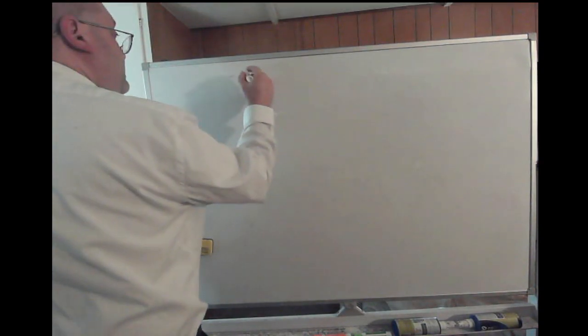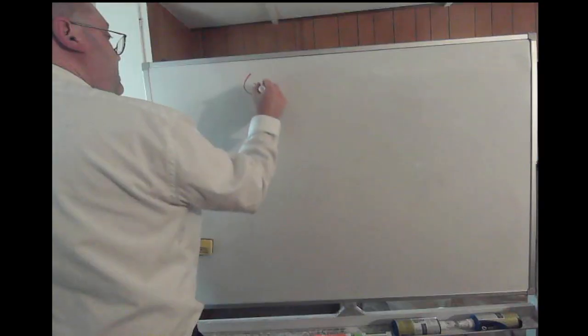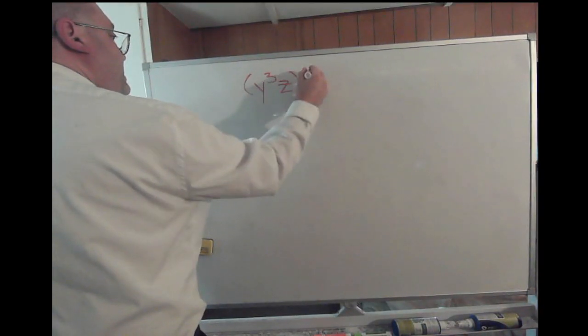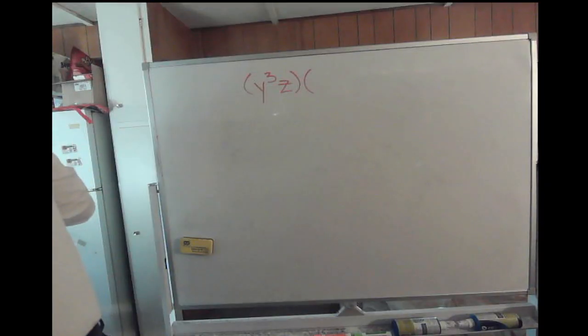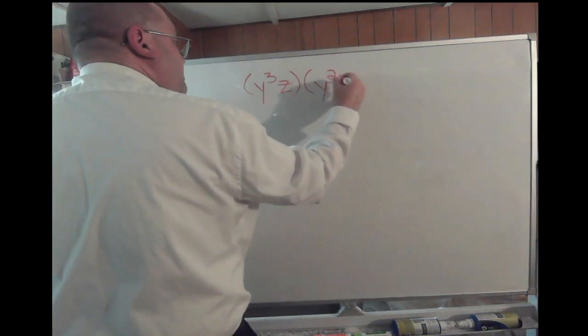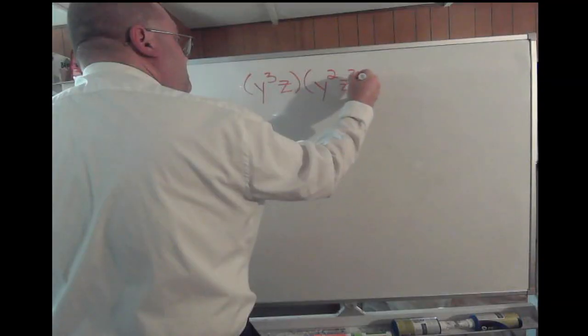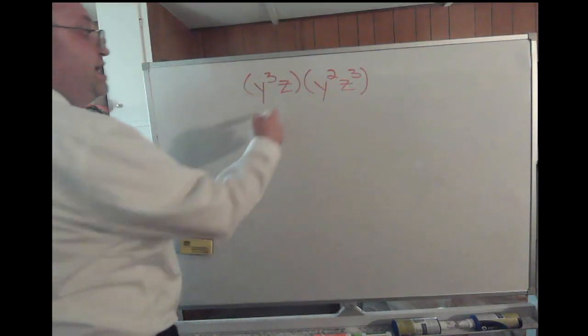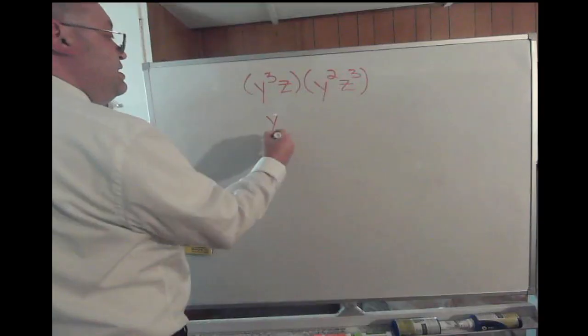Let's see, we got y to the third times z, that quantity times y squared z cubed. Alright, so again, let's pick one variable at a time. Let's pick your base y.